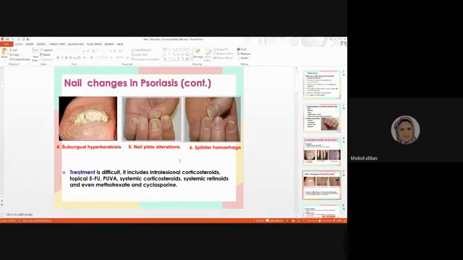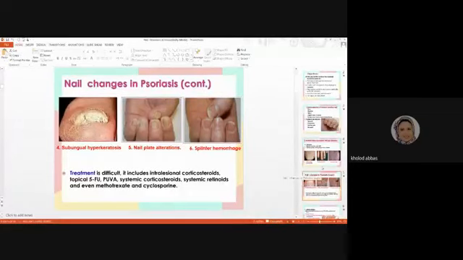Treatment of nail psoriasis usually is difficult. There are many modalities. One of them is intralesional corticosteroid, topical 5-fluorouracil, PUVA, which means light therapy, systemic corticosteroids, systemic retinoids, or even MTX or methotrexate, and cyclosporine, but usually the treatment is difficult.